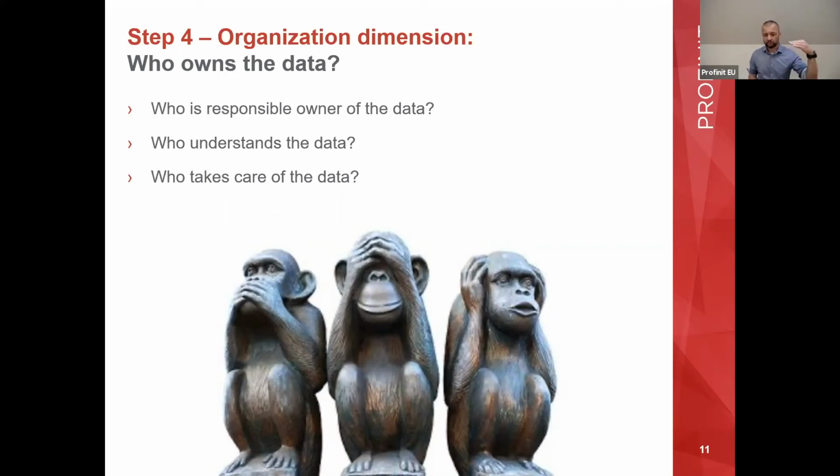And I ordered these dimensions 1, 2, 3, 4, but I'm not saying that we need to go strictly sequentially. Yes, we should start with logical, then go to physical, then ask business, and then try to find owners. But I think that we will need to do a lot of iterations. Go back to physical data repositories, maybe redefine the data model, and so on.